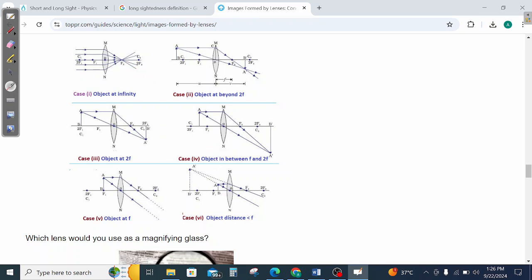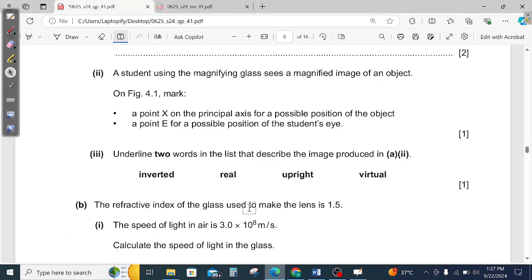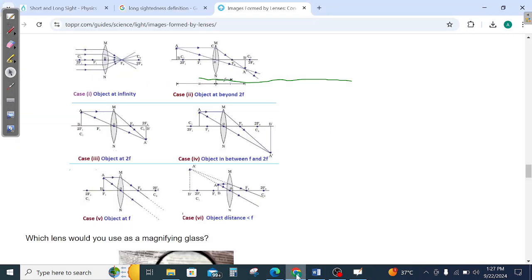But the question above mentions a point X, and one more thing, it says the magnifying glass sees a magnified image. So in that case you have to find the position of the object from these 6 cases. This is the case when the image formed by the lens is magnified and upright.